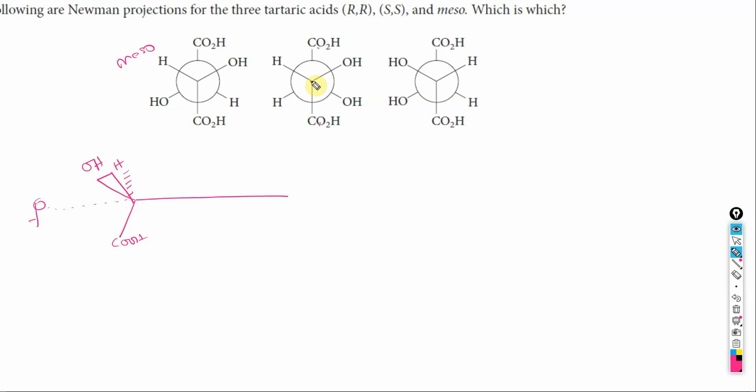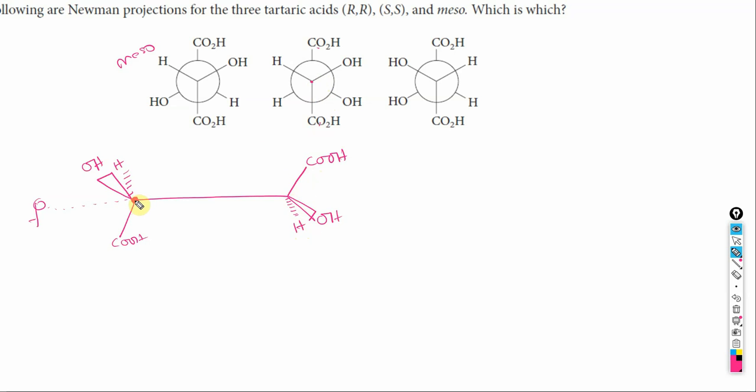That is the front carbon, and the carbon on the back is an inverted Y. So you have carboxylic acid here. To your right you will see the hydroxy, and to your left there will be a hydrogen.